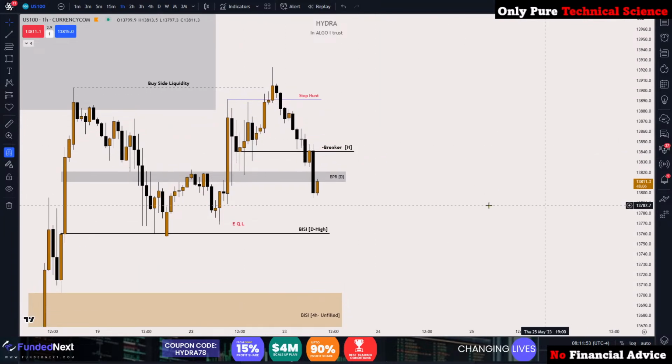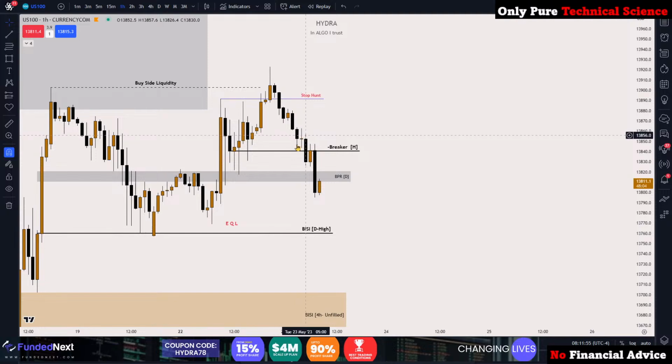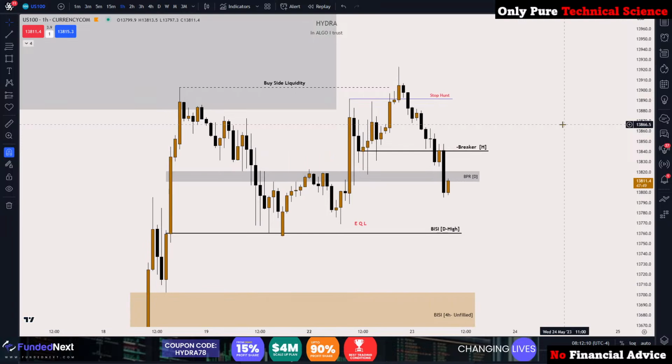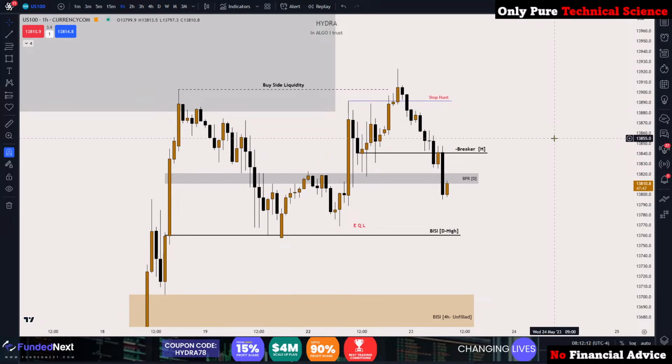And you can see the price clearly closed the candle's body below this breaker block at 5 o'clock. Then look for entry at the second candle, as I teach you guys, once price closes a candle's body below. Okay, it's for the swing traders. Me, I'm a scalper, so I don't hold trades this long.